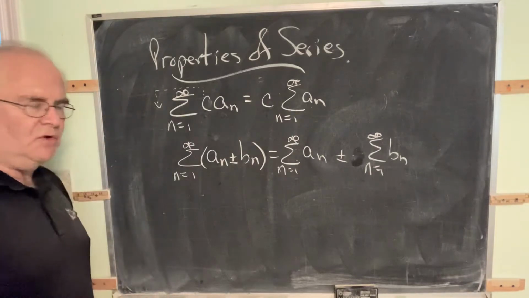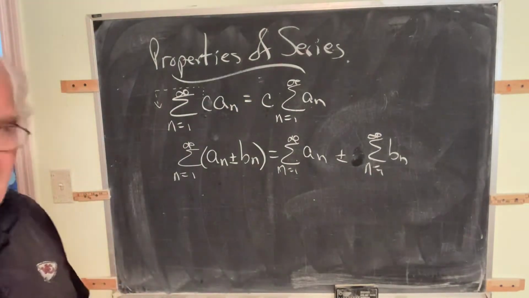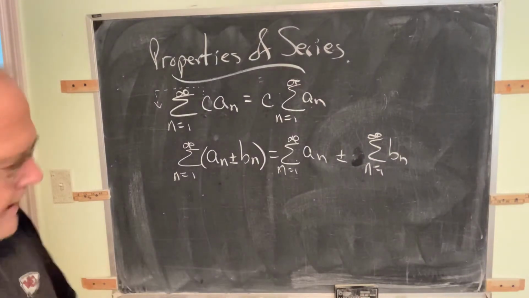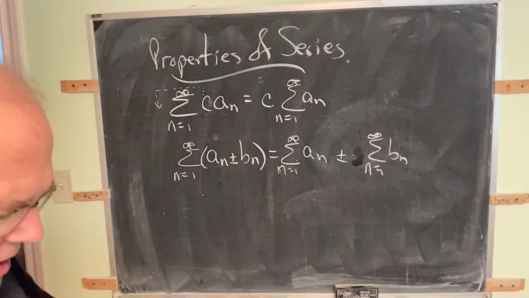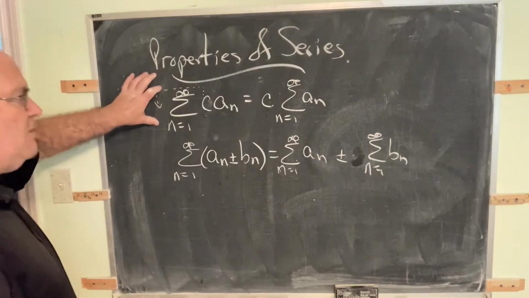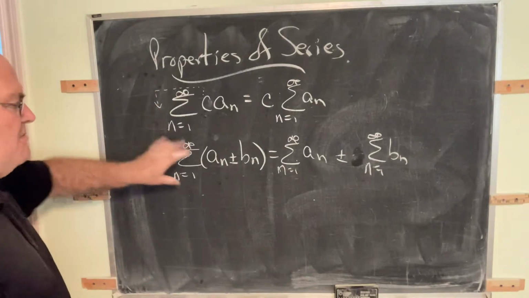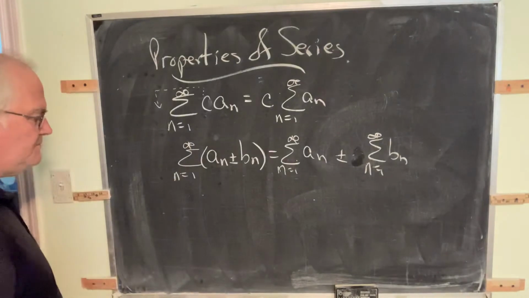So this is also true for geometric, except each of these would start at n equals 0 rather than at n equals 1. All right? So the constant multipliers multiply along, and the sum of the sum is the sum of the sums.